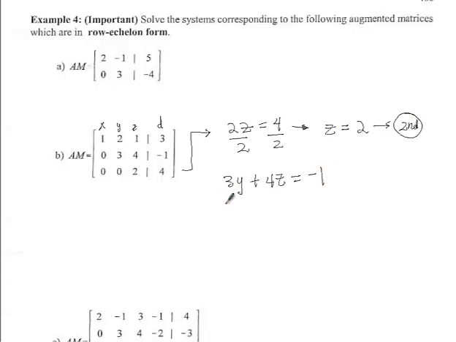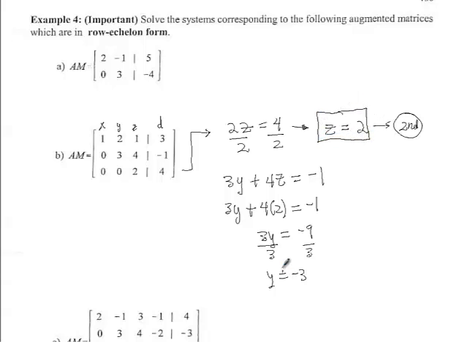We substitute z equals 2 into this equation, and we have 4 times 2, which is 8. If we subtract 8 from both sides, we get 3y by itself and a negative 9 on the right. Now if we divide by 3 on both sides, we find that y is equal to negative 3.